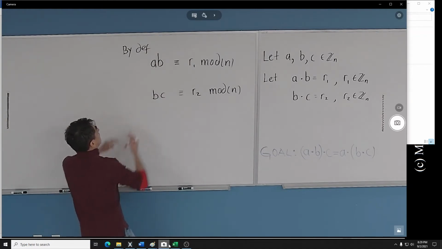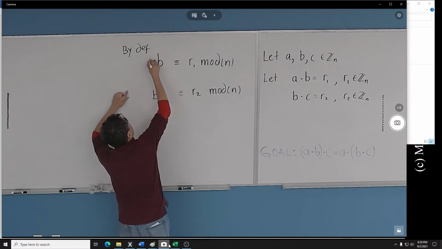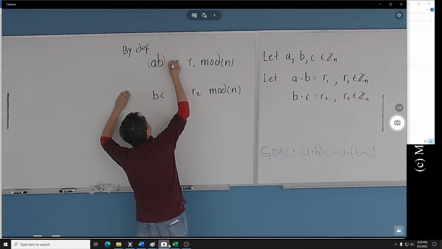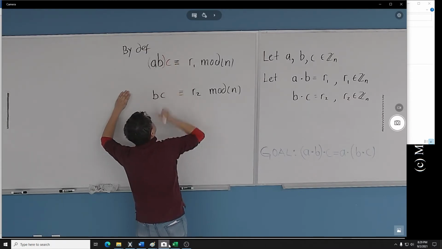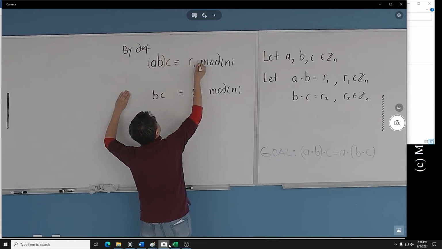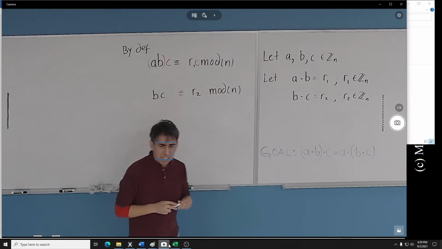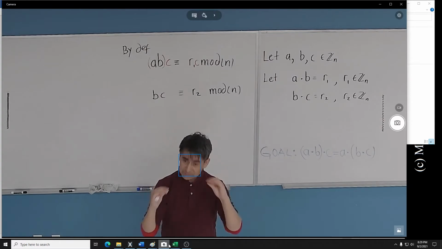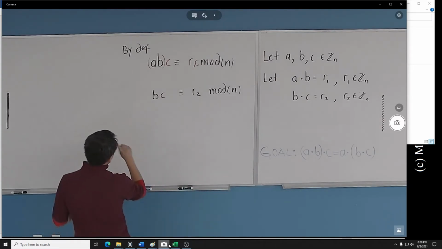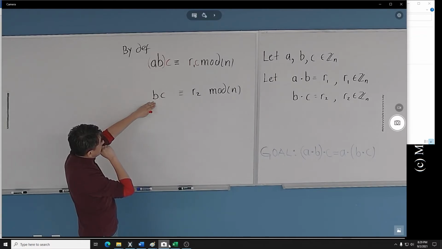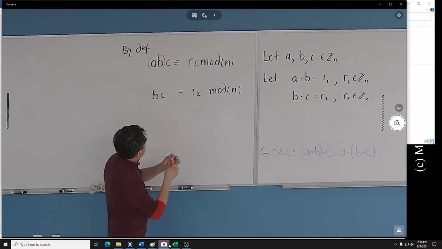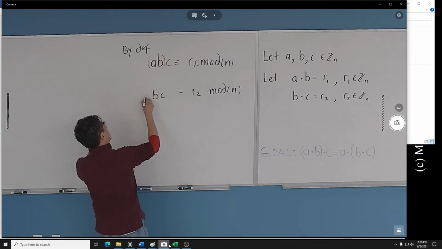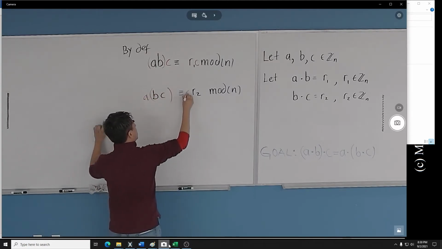Let's just take the first congruence and multiply it by C. So the quantity AB multiplied by C is congruent to R1 multiplied by C. That's a valid step because when we have a congruence, if we multiply both sides by the same quantity, we still get congruence. Now, in our second congruence, where BC is congruent to R2 mod n, let me multiply both sides by A.